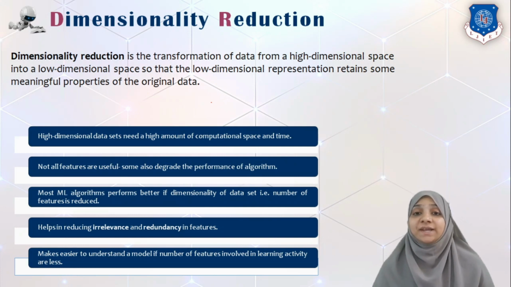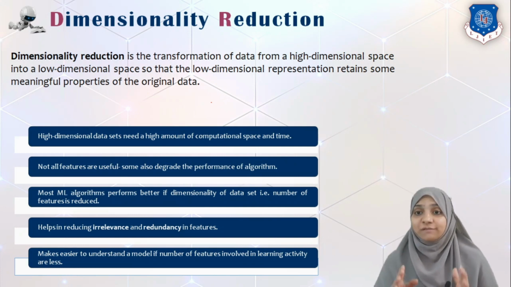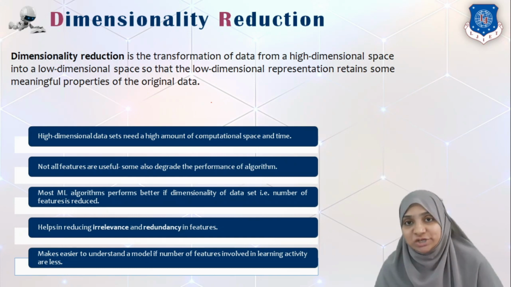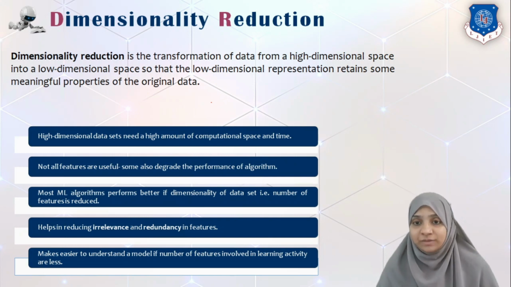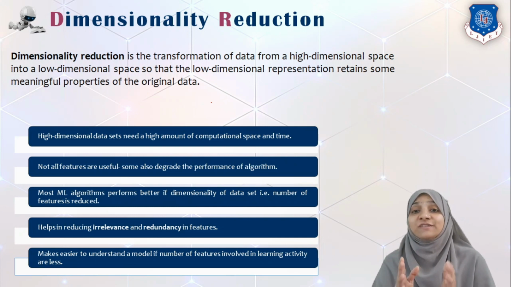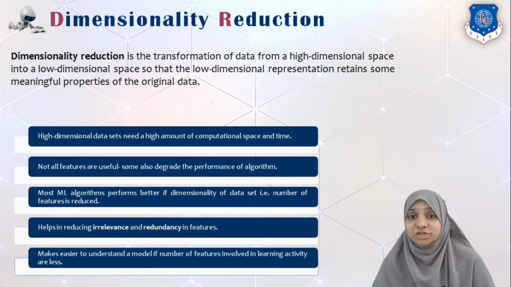So dimensionality reduction is a process of transforming data from high dimension space to low dimension space. Say originally there are 350 dimensions and later they have been reduced to 87 dimensions only, so that the low dimensional representation retains the same meaningful properties of the original data.